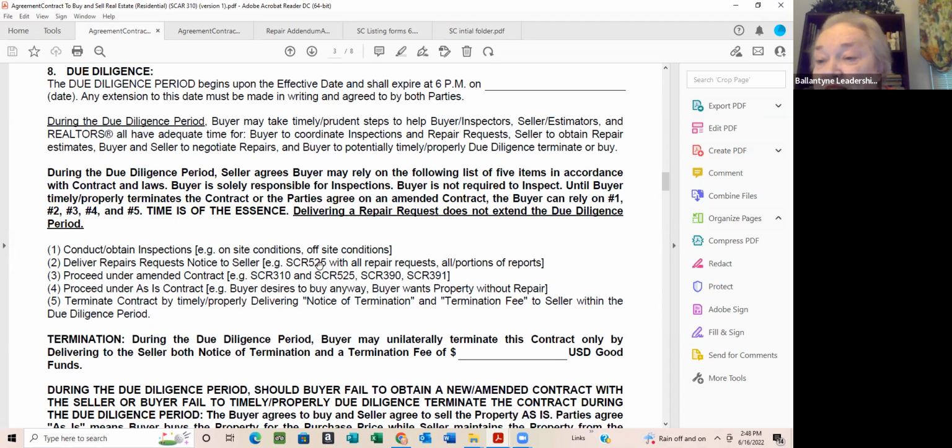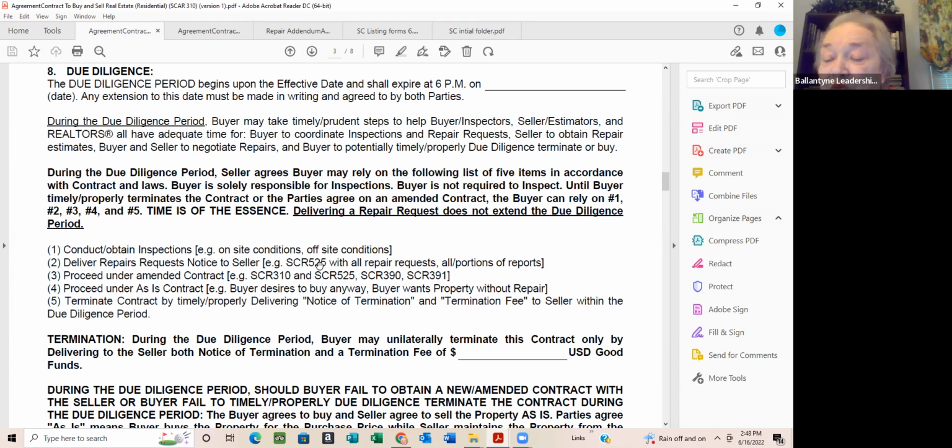If for whatever reason, when the buyer does the inspections and they find some items that they want repaired, if they're going to proceed with the contract, the seller looks at those items and says, well, that's not unreasonable. I don't like it, but I'll fix whatever they're going to fix.